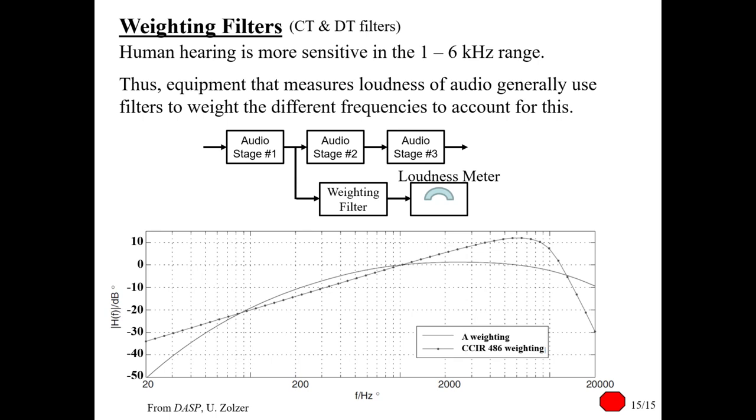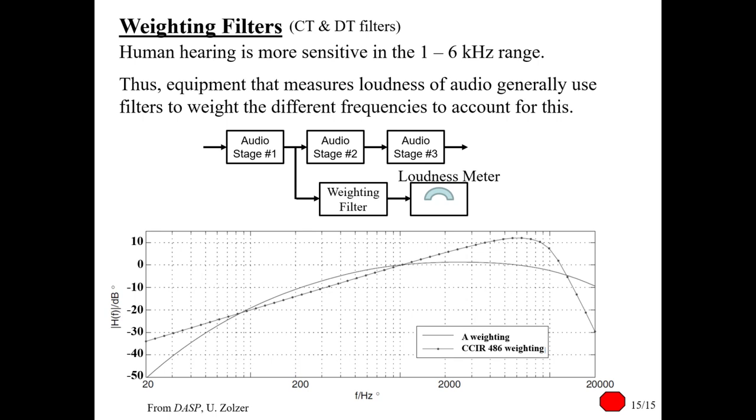So you're free to pick which one of these you want to use, or I think there might be a couple other options as well. But you should state which weighting you're using. So you'll often see that in statements, like: this measurement is A weighted.